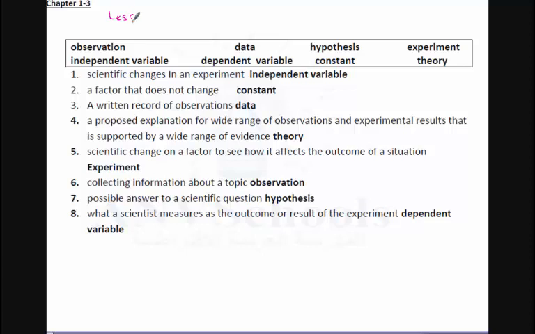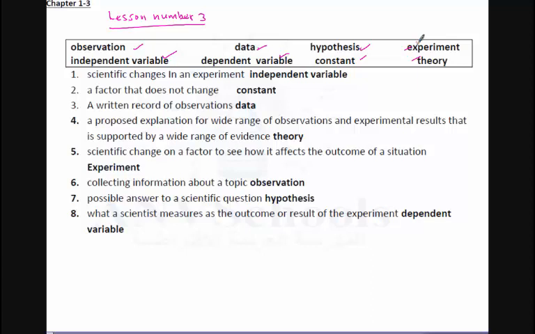In lesson number 3, just like in the previous one, we have been given different statements and words which we are supposed to fit into them.